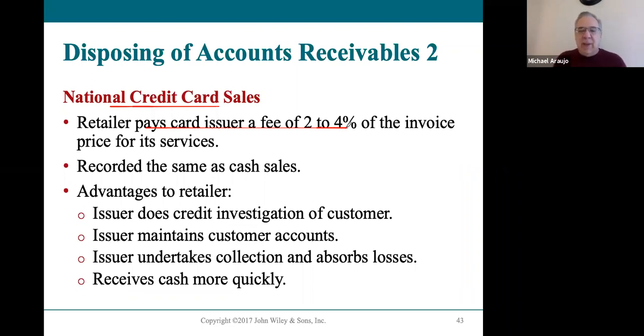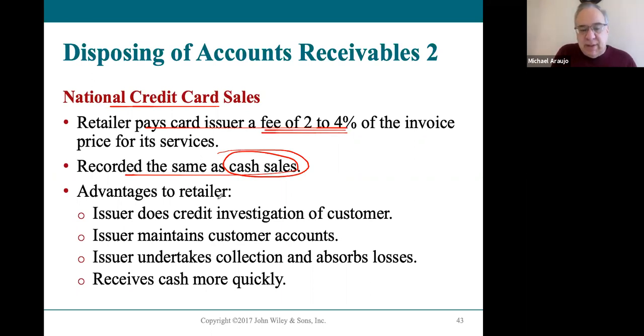They know that every time they accept the credit card, Visa, MasterCard, what have you, they've also accepted that they're going to pay a fee to the network to be part of that. But again, it's recorded as a cash sale to the retailer or the merchandiser. The fee, as you'll see, will be expensed.